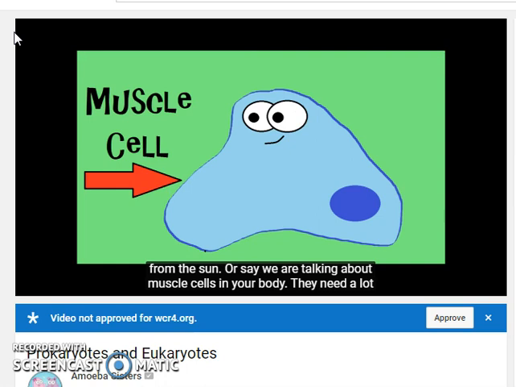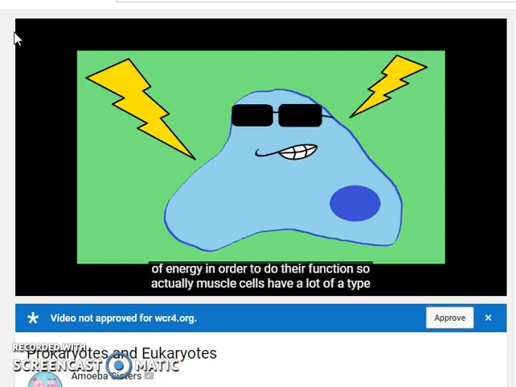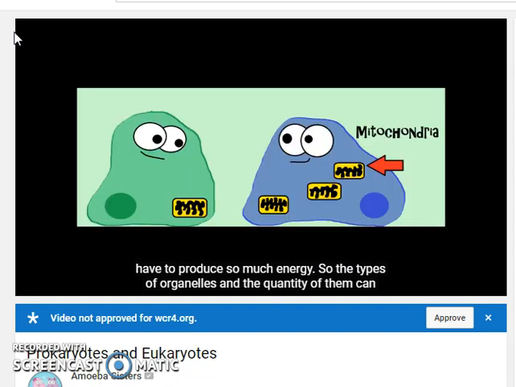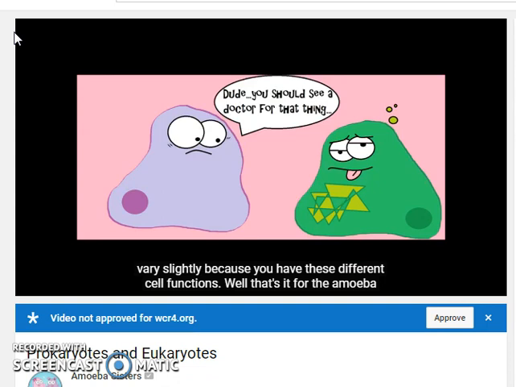Or say we're talking about muscle cells in your body. They need a lot of energy in order to do their function. So muscle cells have more of a type of organelle called mitochondria than some of your other human cells because they have to produce so much energy. So the types of organelles and the quantity of them can vary slightly because you've got these different cell functions.